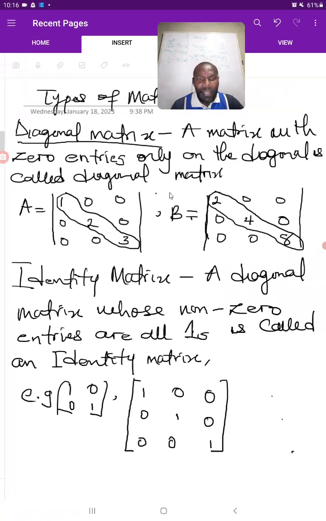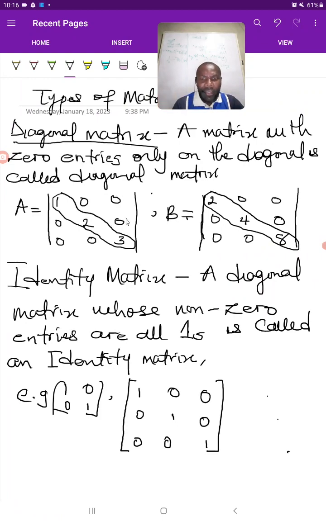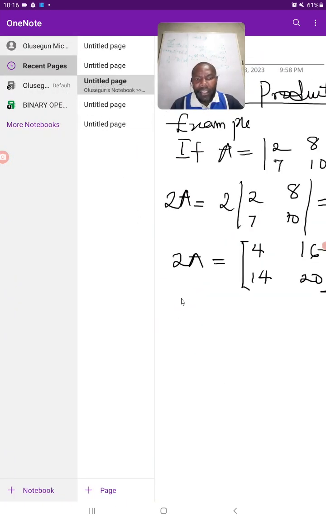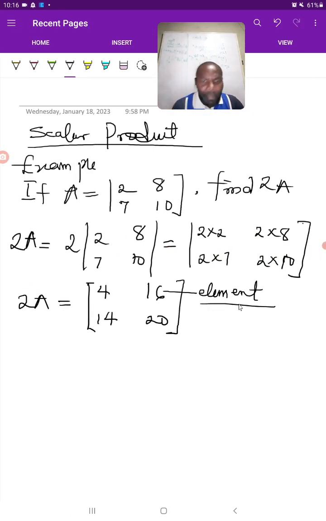We also solved an example related to scalar products. If you listen to this video very well, you get the rudiments and the fundamental way of solving these problems anytime you meet them, even in post-JAMB and WAEC.